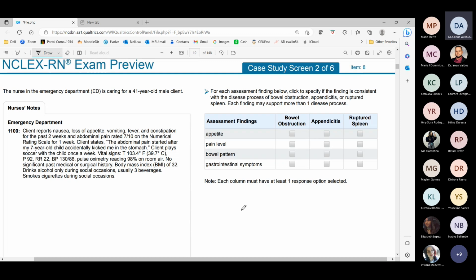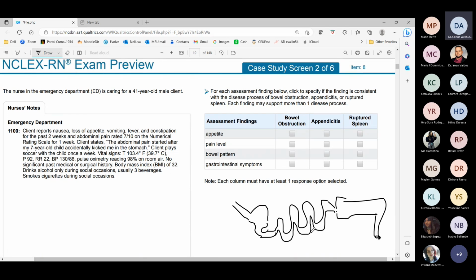Let me explain what a bowel obstruction is. In anatomy, you have an esophagus, a bag that is the stomach, and then a long small intestine that ends in the large intestine, and the large intestine ends in the anus.